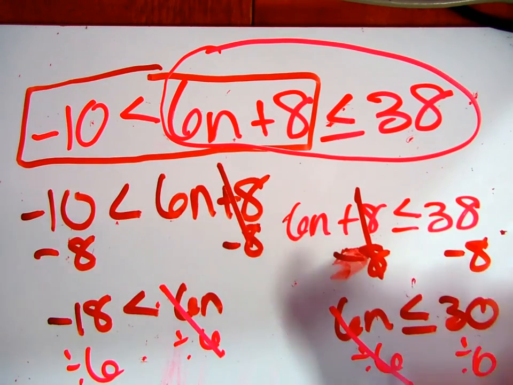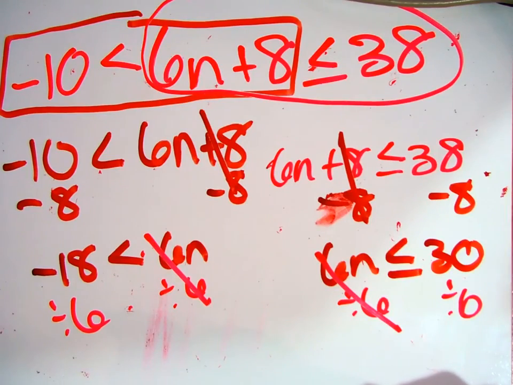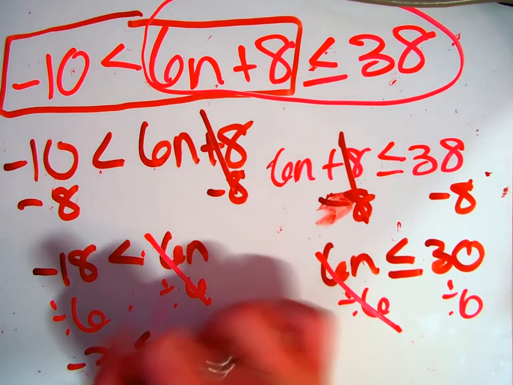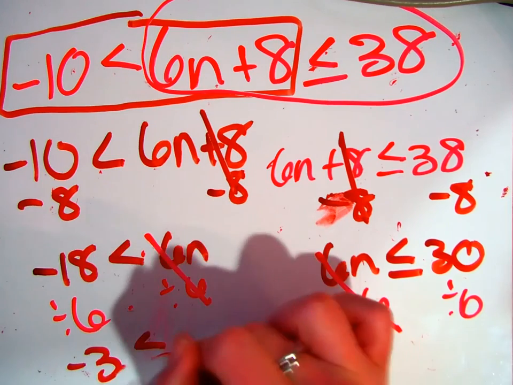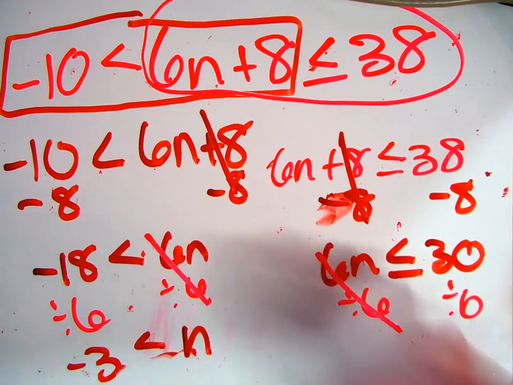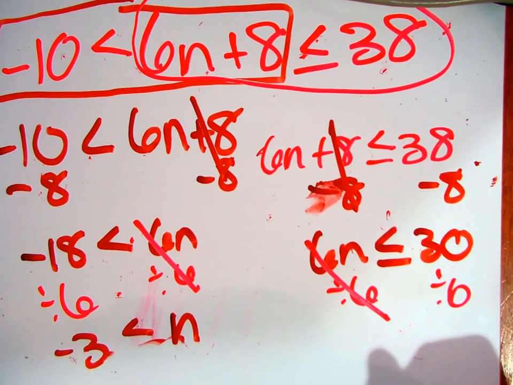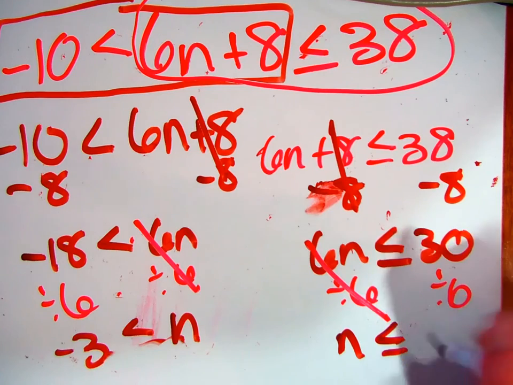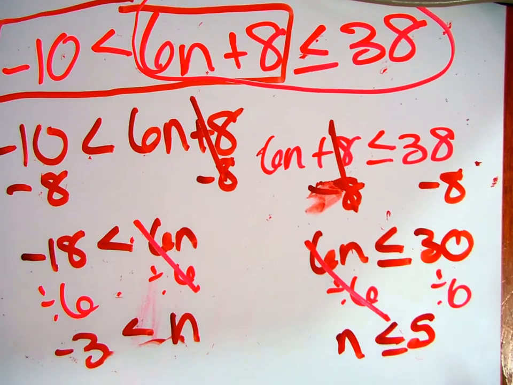The 6's cross out. Negative 18 divided by 6 is negative 3. No flip is required because we did not divide by a negative number on both sides. N stays the same. Same thing over for the right inequality. N stays the same. Symbol stays the same, and 30 divided by 6 is 5.